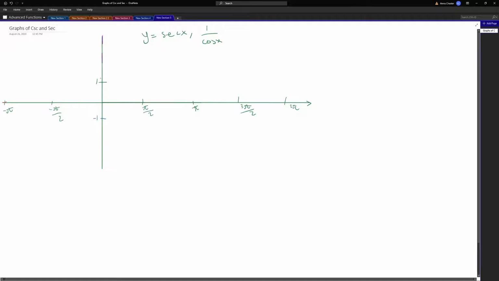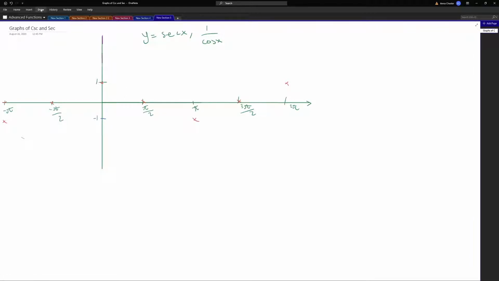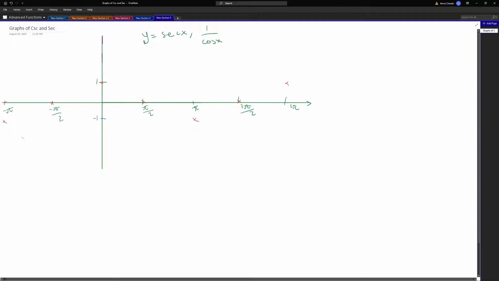So our key points were 1, then over here, then -1, then 0, then 1. Over here, we would have had a 0 and then -1, right? Now, from these points, we know that wherever we had a 0, we should have a vertical asymptote. So let's show the vertical asymptotes.